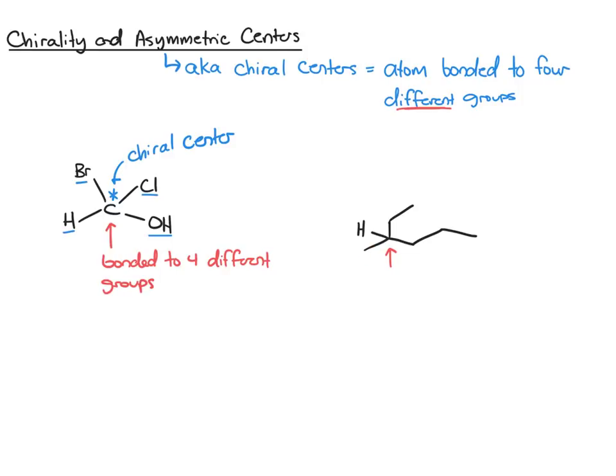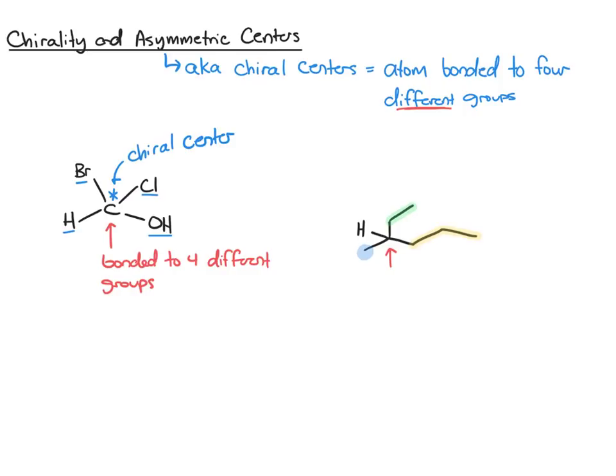This one is 1 group because it's a CH3. This one is different because it's a CH2CH3, an ethyl group. And then this 3rd carbon is different because it's a 3-carbon chain, a propyl group. So anything that can make that distinct is enough.